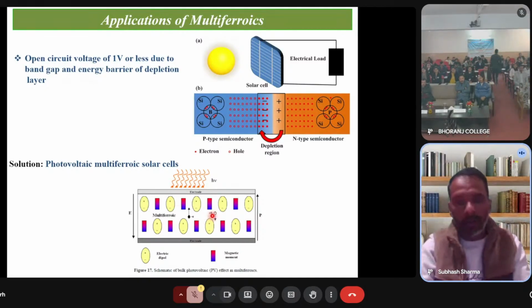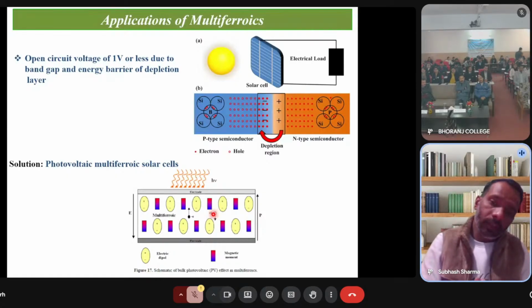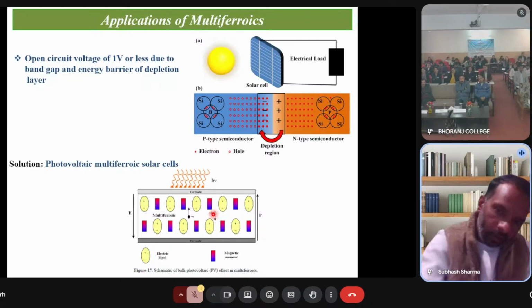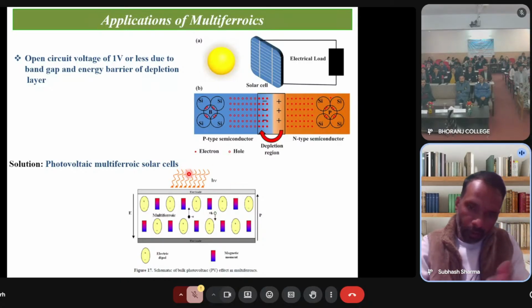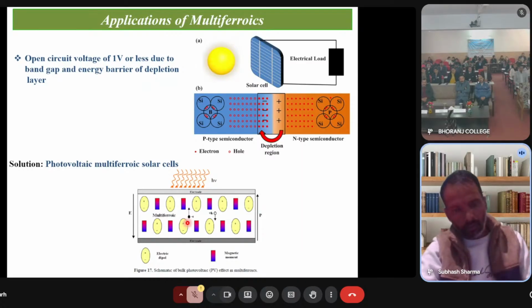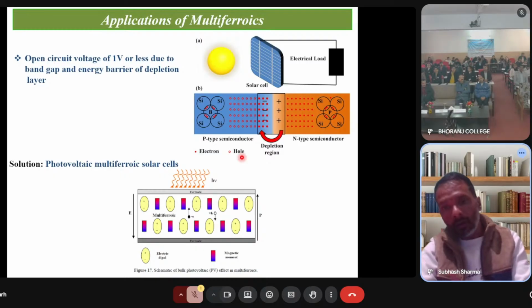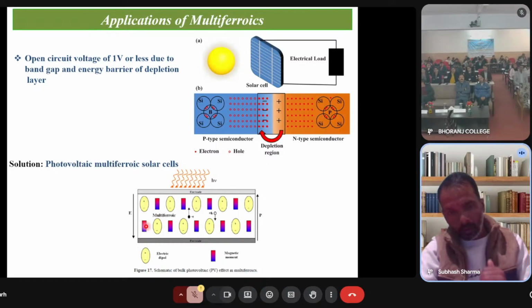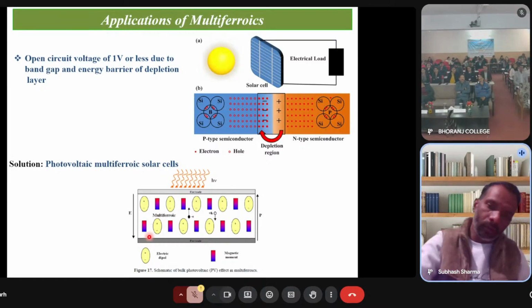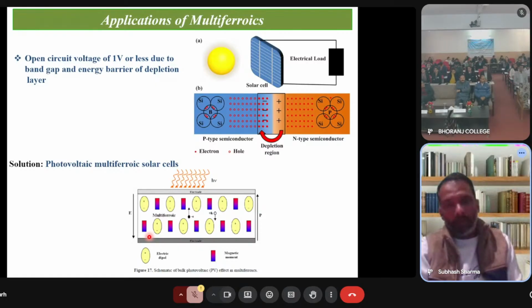With that inbuilt electric field you can separate electrons and holes. Once you shine light on your ferroelectric material, it generates electrons and holes, and this inbuilt electric field throughout the material, not only in the depletion region, separates holes and electrons for the electric current. So this is a very good application for multiferroic or ferroelectric materials.